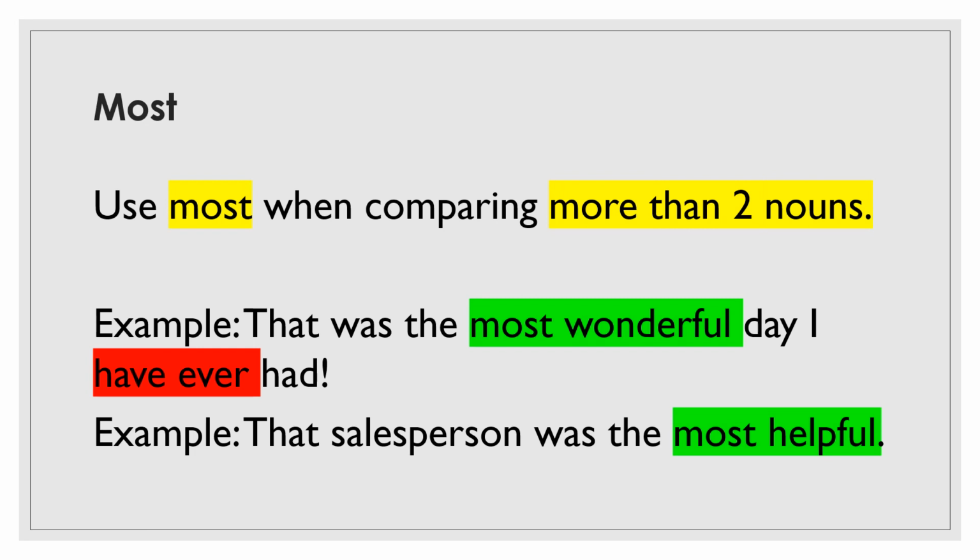Remember, you've had more than two days, so have ever had. Again, that salesperson, probably more than two if you're saying they were the most helpful. Another one that we use often is of all. That is another keyword that there's more than two there.